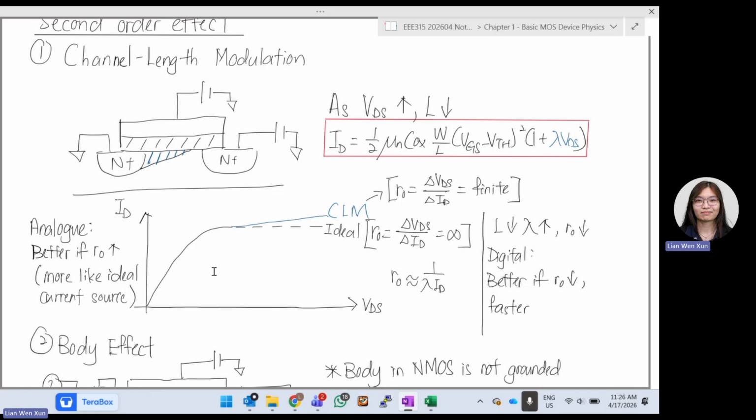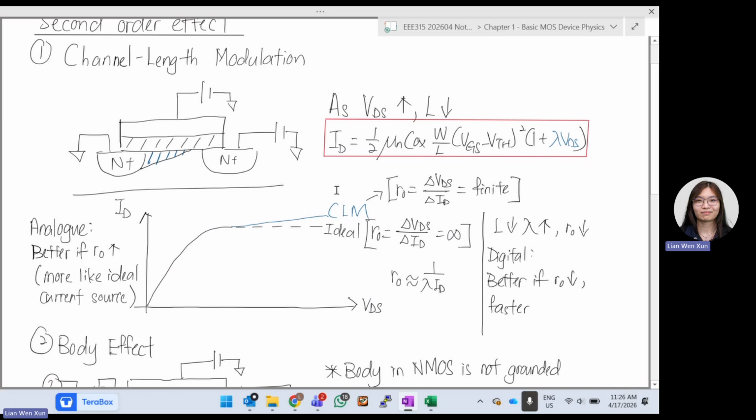But if you're using a very short one, and then suddenly you drop by a lot, because of the channel length modulation, your effective length becomes much shorter. Then this part is the only part that can conduct current. The blue part that goes up will go even further up. So this is not ideal for us.